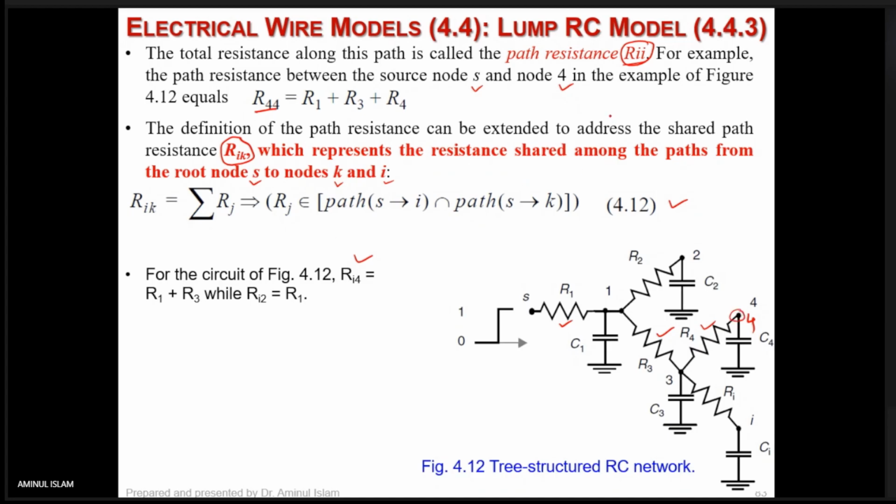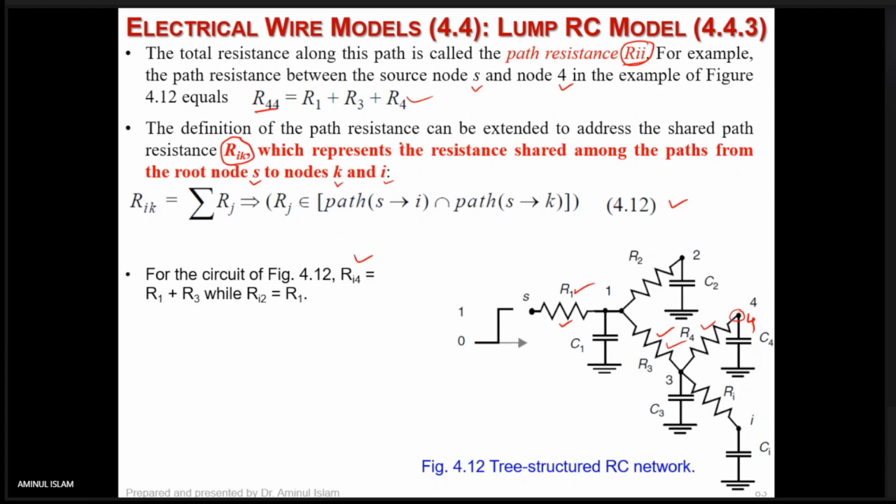In the example of figure 4.12, R44 equals R1 plus R3 plus R4. Okay, these three resistances are coming in the path.